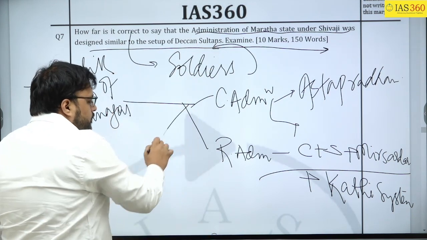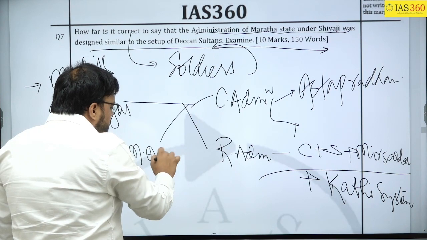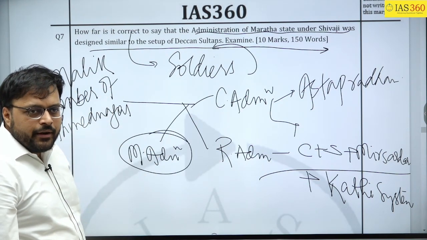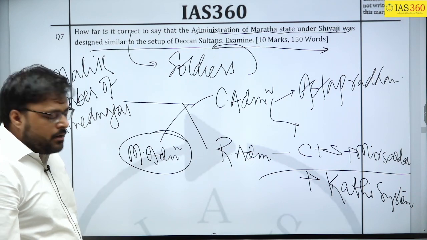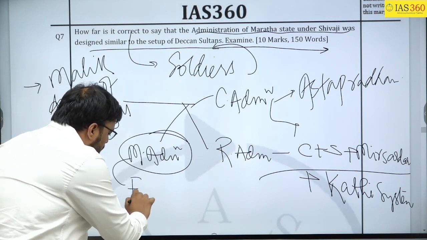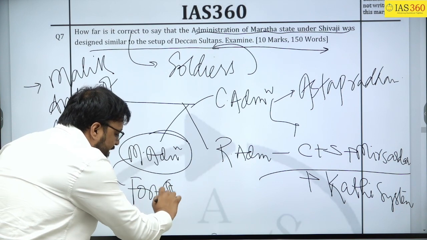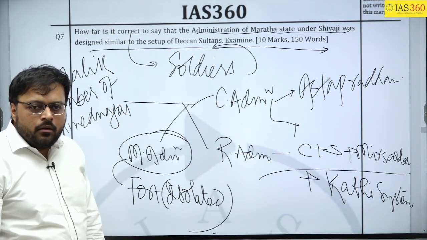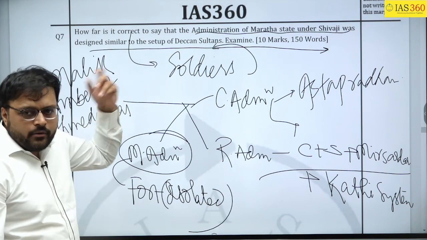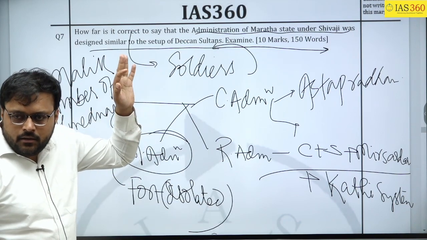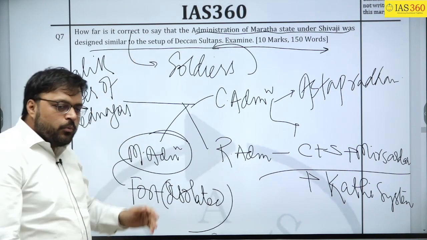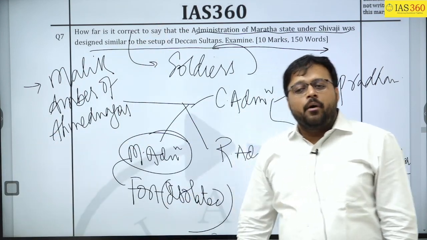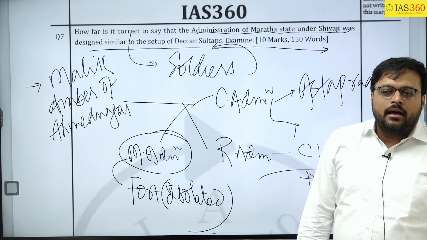Then you can talk about military administration. The forts, big forts and isolated forts. The Deccan Sultanates had isolated forts; no one knew where they were. Now you people travel around and know every place, but at that time people were not aware of where the kings were living.